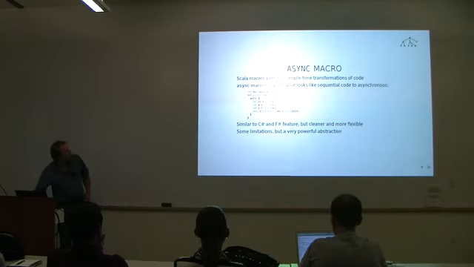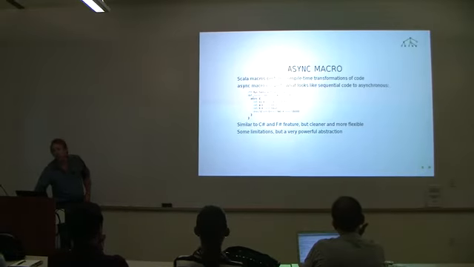Now in this case, I've got a method that actually returns the result of the async block, which is going to be a future. But I could just as easily have this embedded in my code directly. It doesn't have to be in a separate method. That's one thing that is superior to the C# and F# implementation. From what I know, those require it to be a method that is actually tagged as async. But in Scala, you can embed it anywhere in your code. It's not a limitation that way.